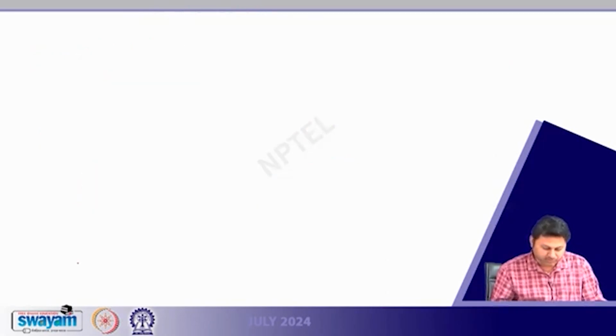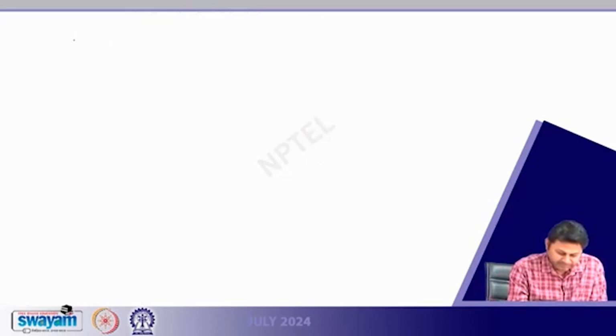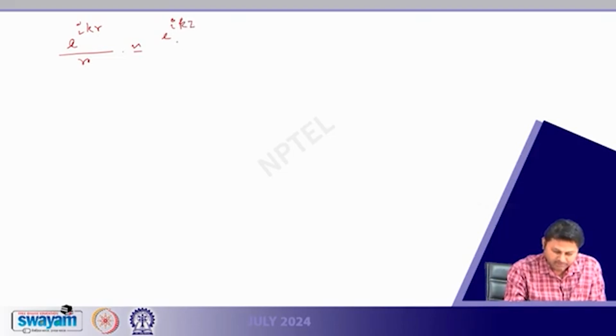then we can have e to the power of i k r divided by r is nearly equal to e to the power of i k z divided by z.